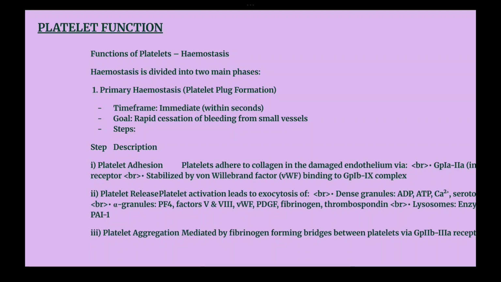The steps involved in the primary hemostasis are platelet adhesion, platelet release reaction, and platelet aggregation. Under platelet adhesion, the platelets adhere to the collagen of the damaged tissue, which is the endothelium, and they cause the GP1A and GP2A receptors to release the von Willebrand factors.